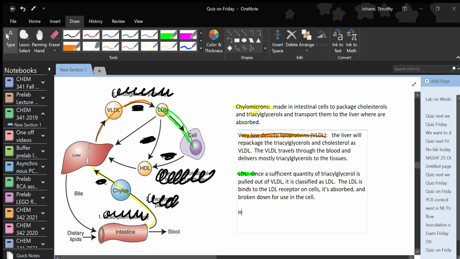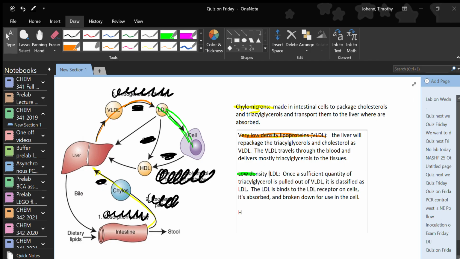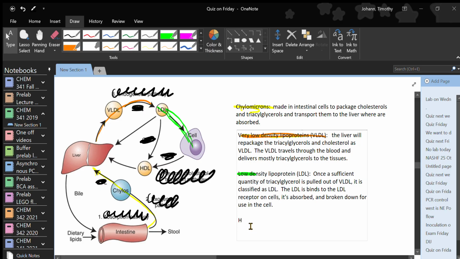All right. So VLDL or LDL is low density lipoprotein. You probably got that. But okay.